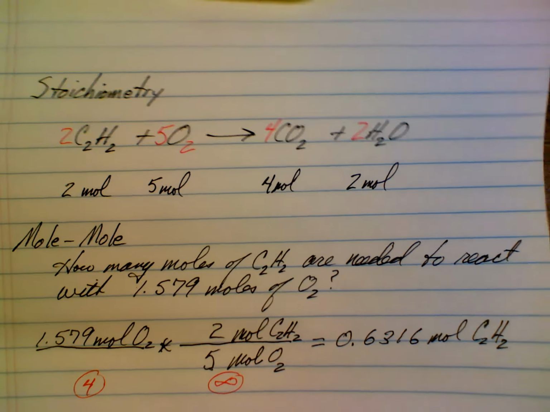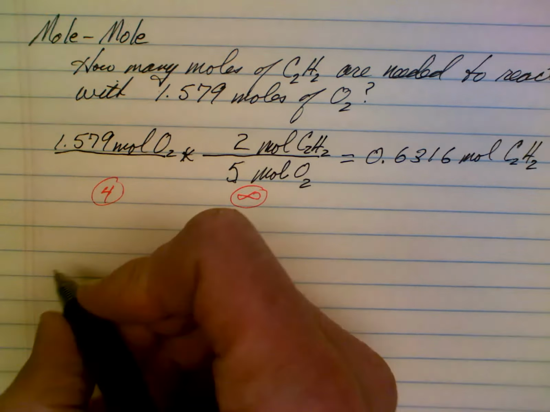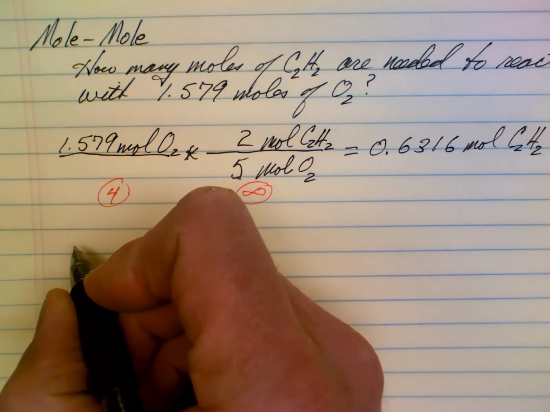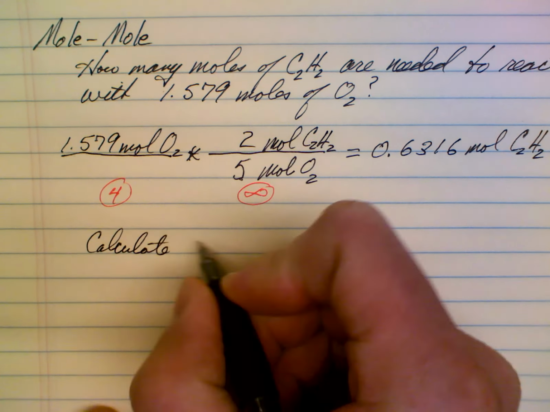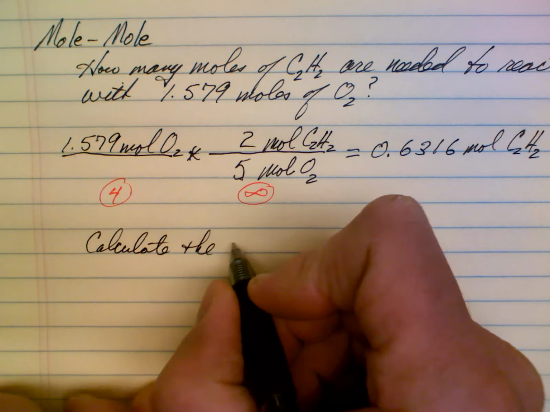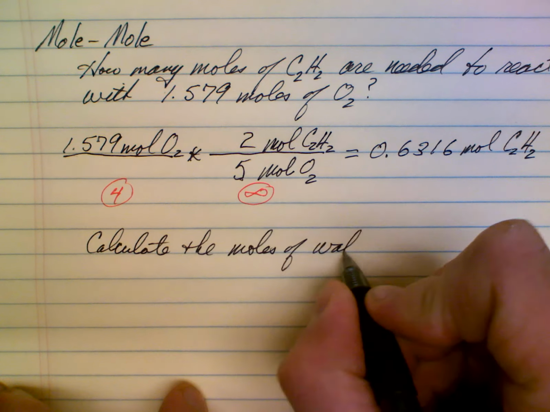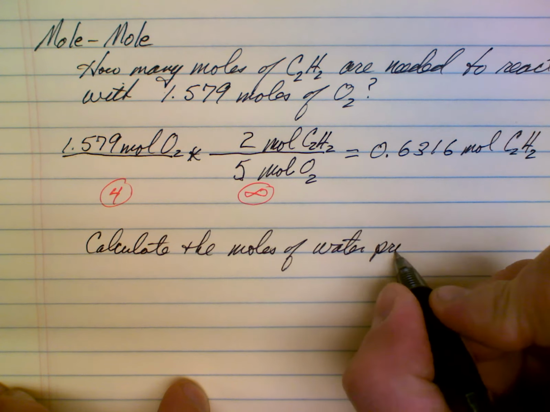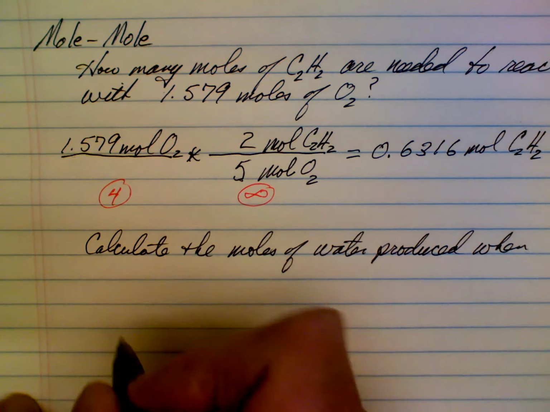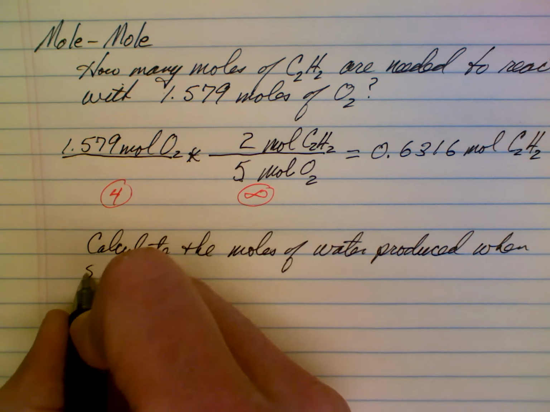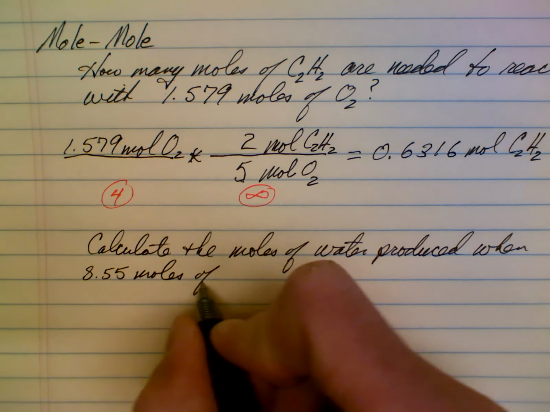So, for example, the question might read, calculate the moles of water produced when, let's go with 8.55 moles of acetylene react.